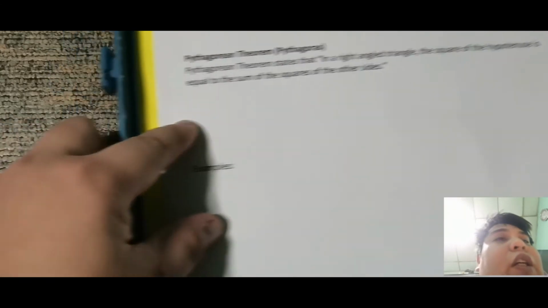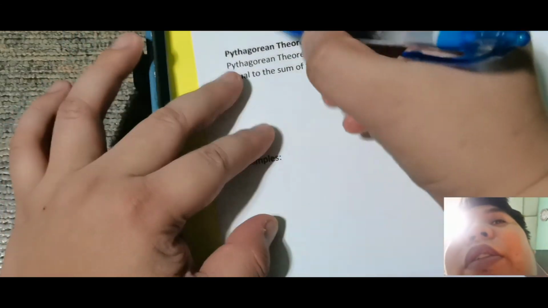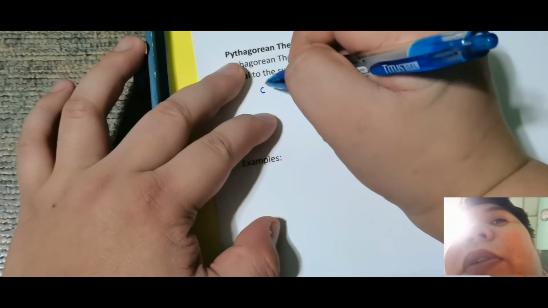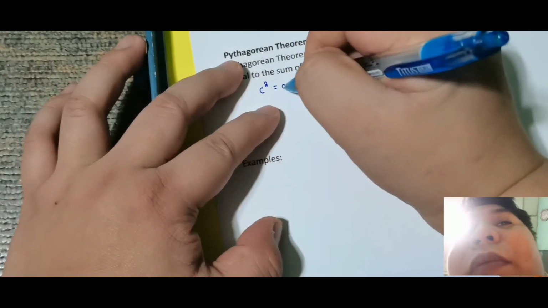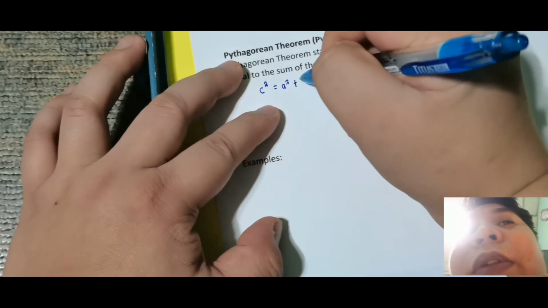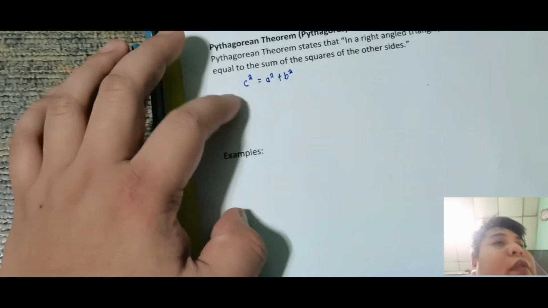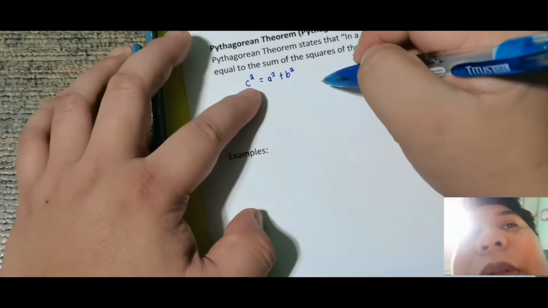So, paano siya in terms nito? Sabi ni Pythagorean theorem, the square of the hypotenuse, let's say si C, is equal to the sum of the squares of the other sides. Okay, so paano siya in terms of drawing? So, for example, ito siya.